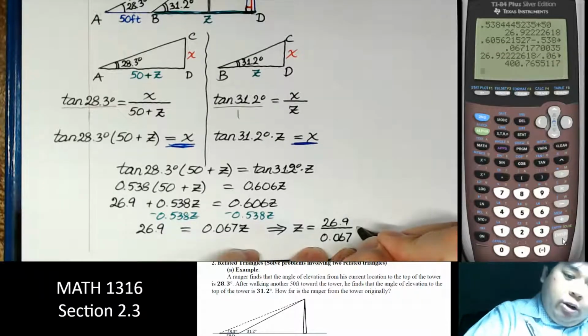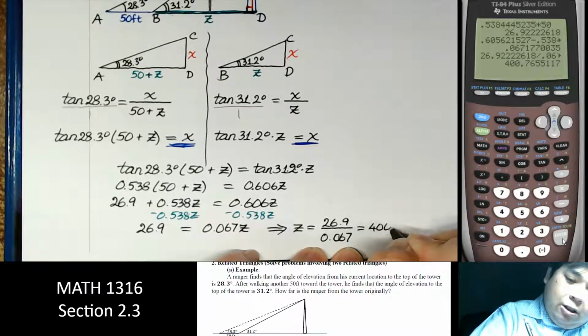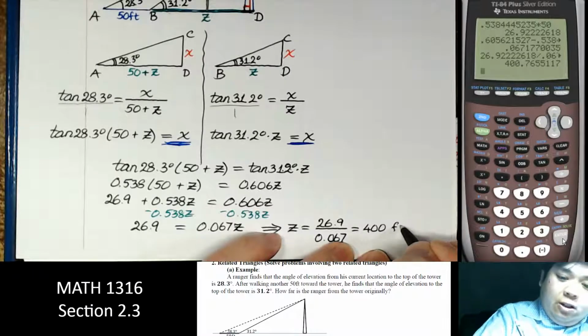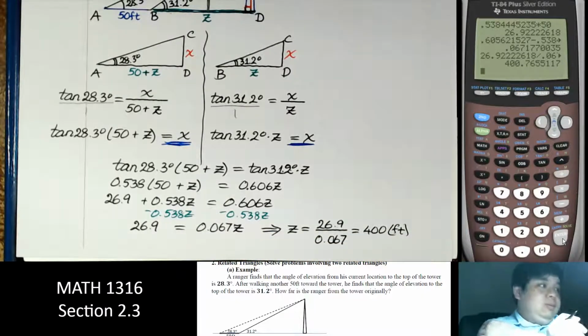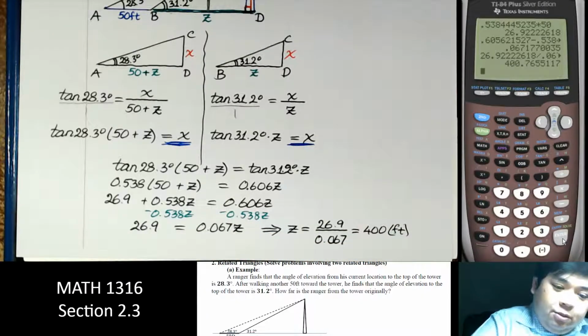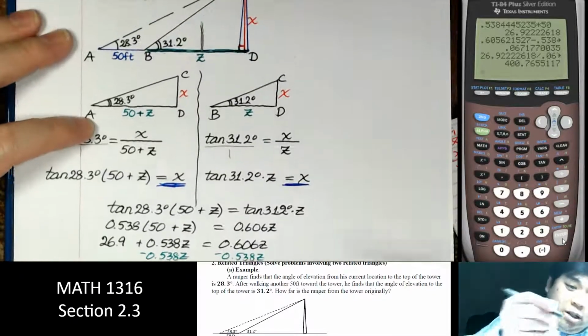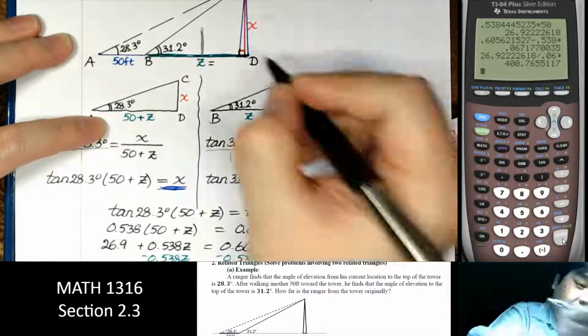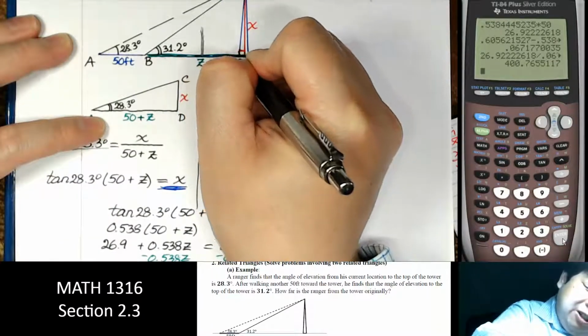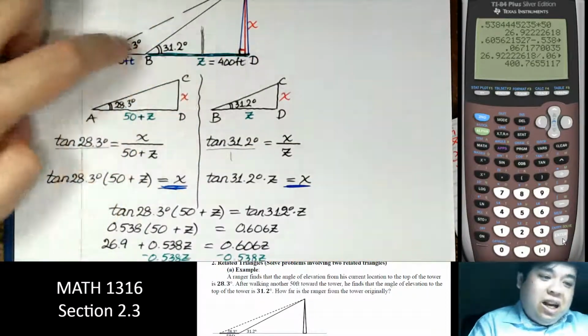And about 400 feet. So that's good, very good actually, but it's not what we are asking for. We know the distance z now.